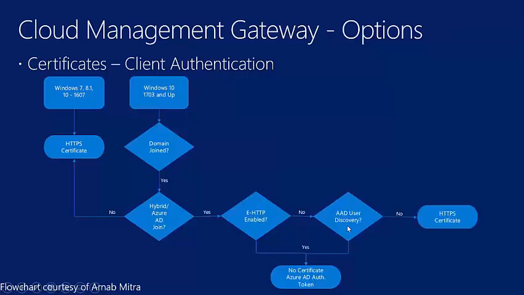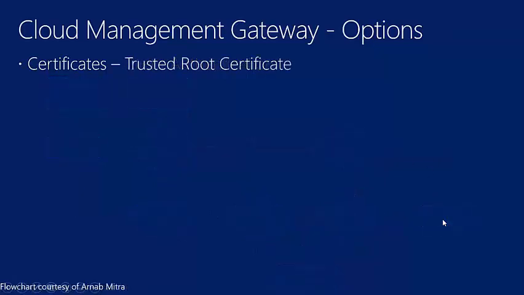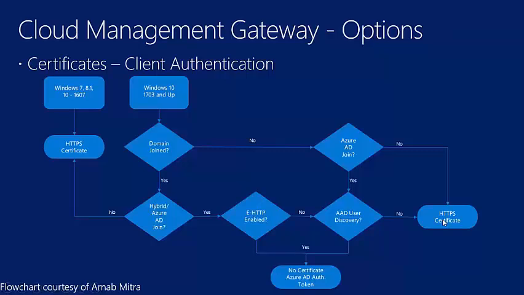If Azure AD user discovery is not enabled, then we're back to using the SSL certificate. And if we are not domain joined, then again, further question, are we Azure AD joined? If the answer is yes, then we go back to this section of the flowchart and so forth. If the answer is no, then we go back over here to SSL, right? Let me pull that back for a minute. Again, lots of choices in here, but hopefully this helps illustrate how these choices merge together.